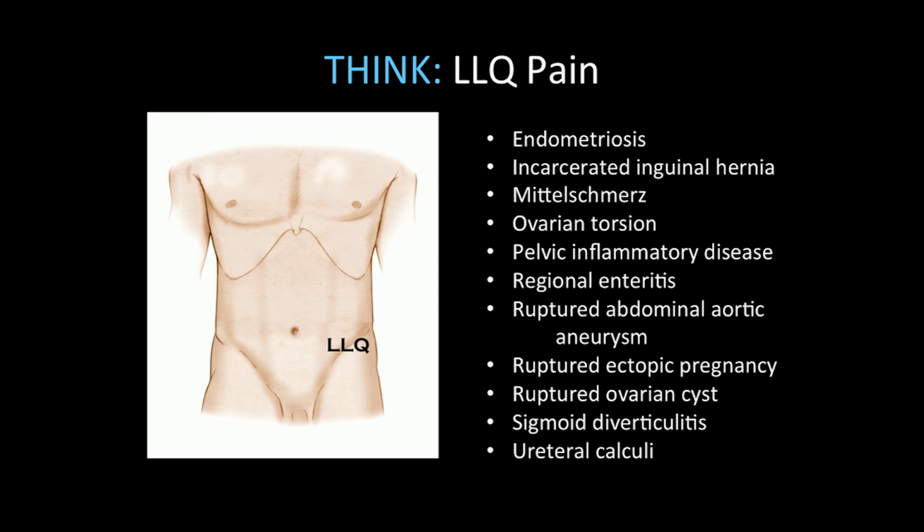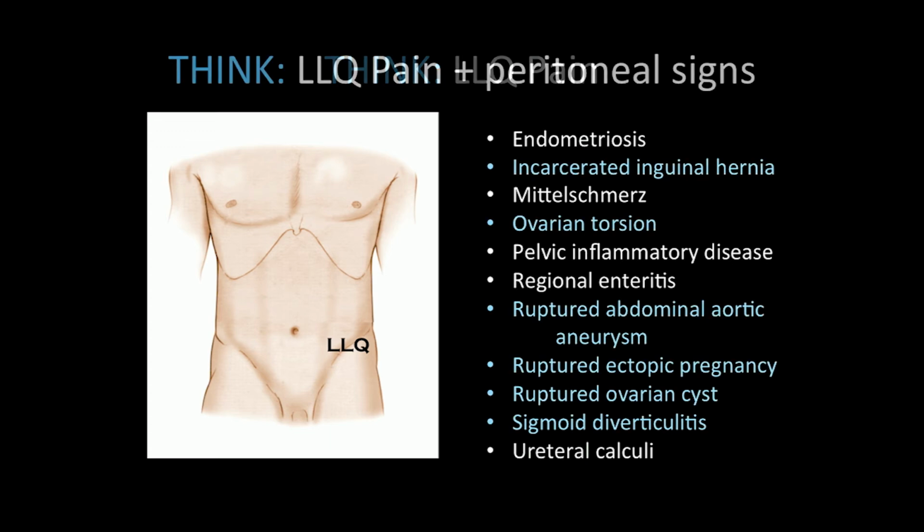And they include endometriosis, an incarcerated or strangulated inguinal hernia, Mittelschmerz, or the pain that you get with ovulation, ovarian torsion, pelvic inflammatory disease, regional enteritis, a ruptured abdominal aortic aneurysm, although this would be very unlikely in a young 24-year-old patient, ruptured ectopic pregnancy, a ruptured ovarian cyst, diverticulitis, and finally, ureteral calculi or kidney stones.